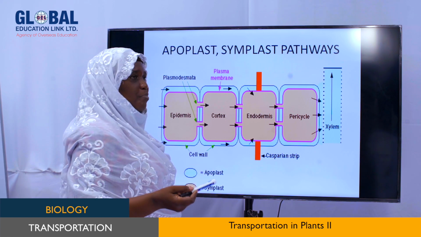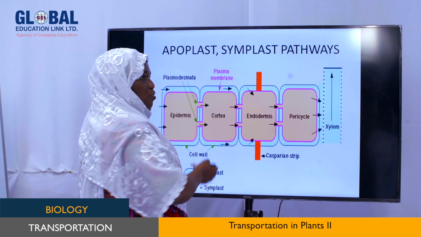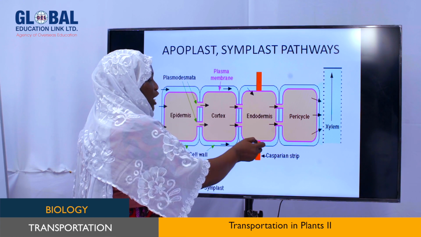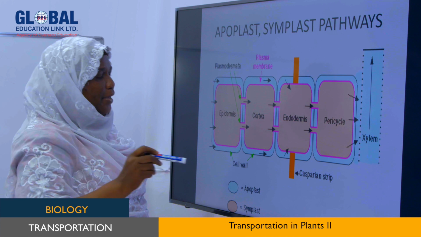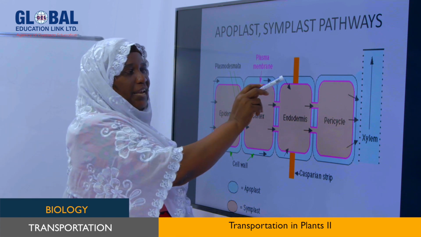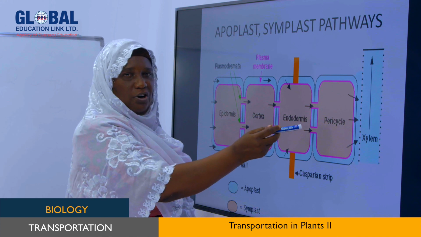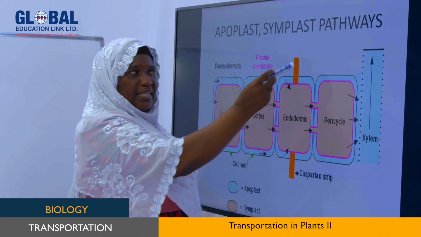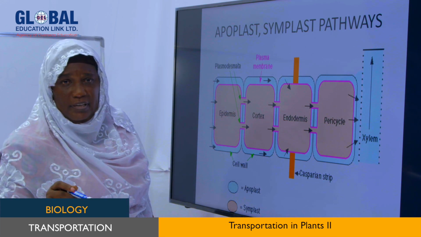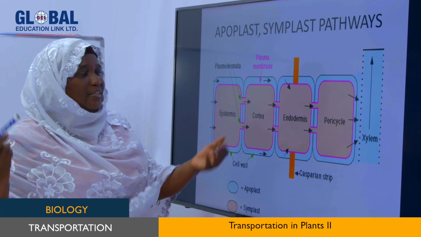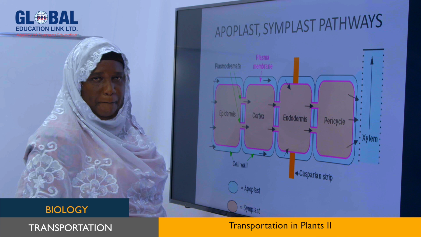Suberin materials prevent water and minerals from passing through. It means they are waterproofing materials. That is why they now force water to enter the protoplasm of the endodermis. This phenomenon is found only in roots. In leaves, there are no Casparian strips.